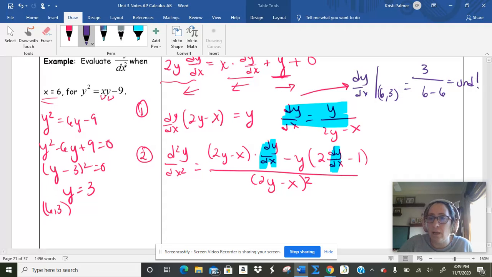Oh, look at that, you guys, it's undefined. So I can't even get the second derivative. I get an undefined answer. But if we did get an answer, we could just plug it in when we wanted to, and it's super cool.